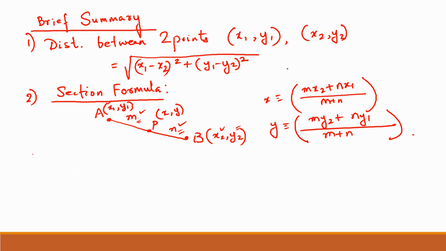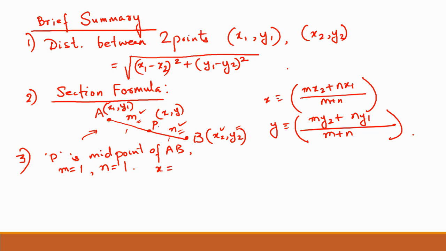Now let's say P is the midpoint of AB in this problem. If it's the midpoint of AB, then it is dividing AB in the ratio 1 is to 1. If it is exactly the midpoint, then m should be 1 and n should be 1.